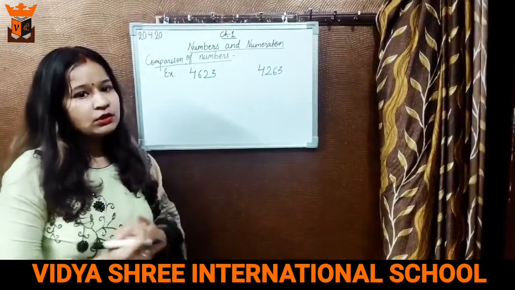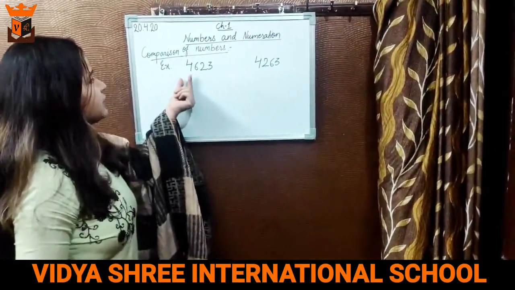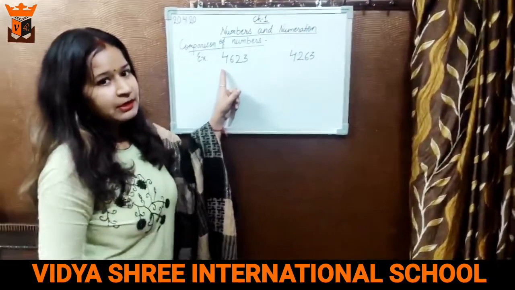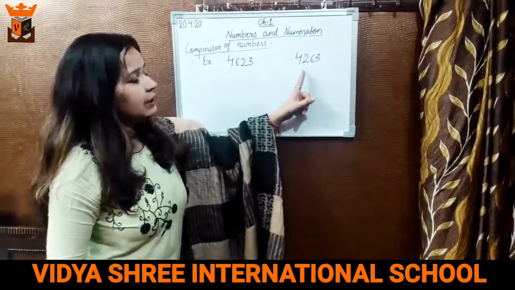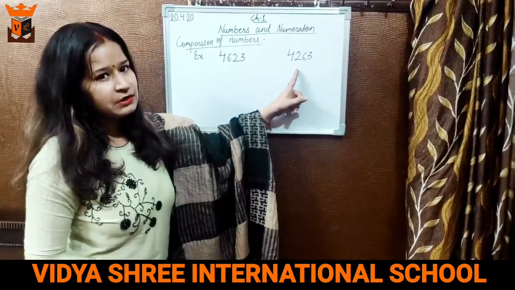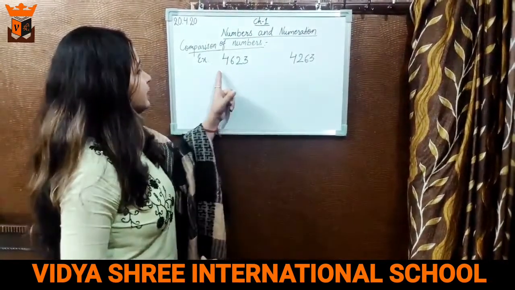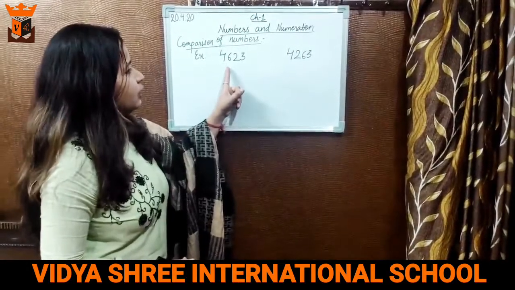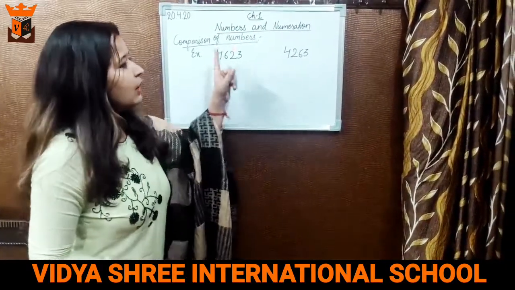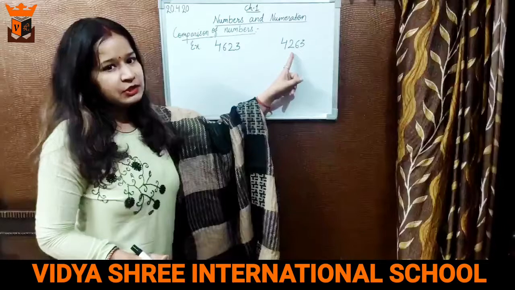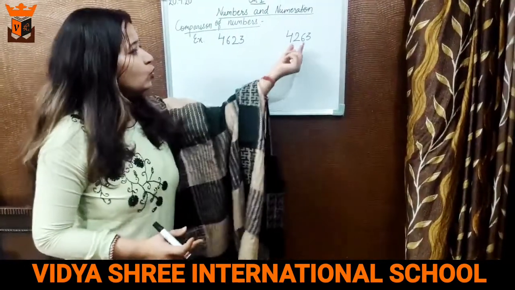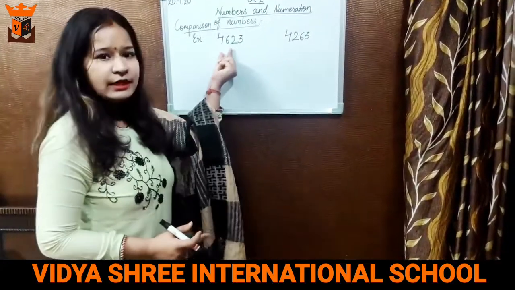So how will you compare them? Firstly we will start from the leftmost digit. Here on 1000's place is 4. In the other number on 1000's place there is 4 also. So we will see the second digit which is on 100's place. Here in the first number 6 is there and in the second number there is 2. So always remember, as you all know, that 2 is always smaller than 6.